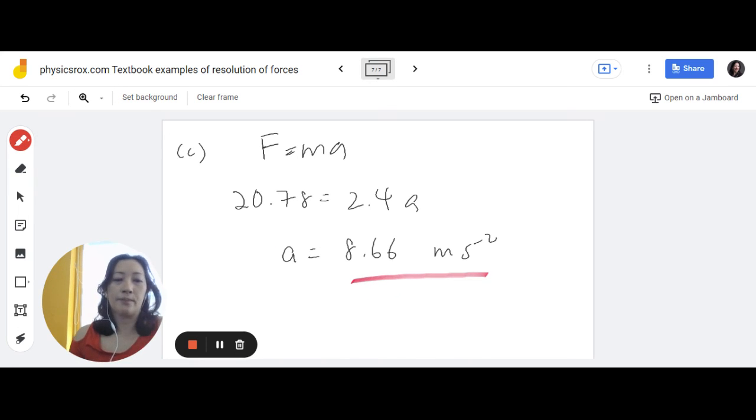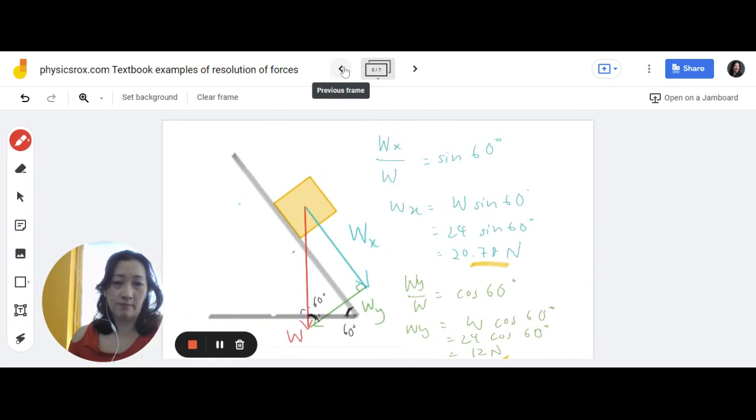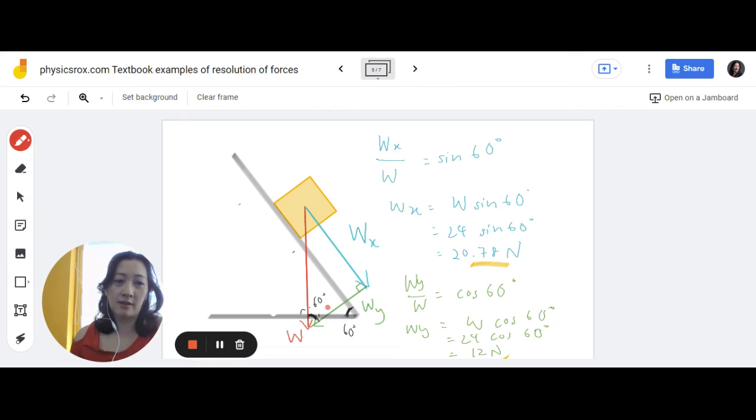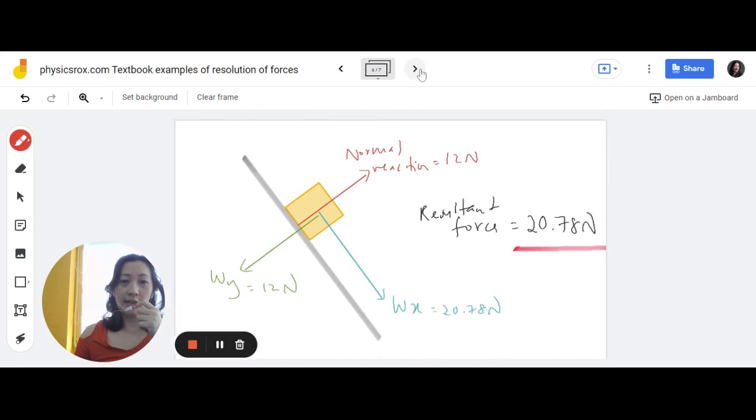So that's how you solve it. Now, normally the most confusing part about the forces on inclined plane is trying to get this triangle. So once you can get a triangle as well as the angle, you should be able to solve the values already.